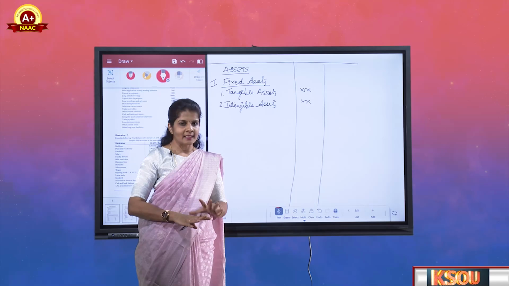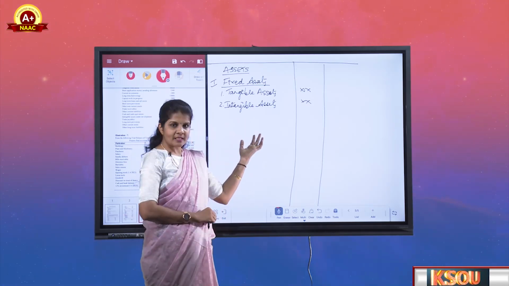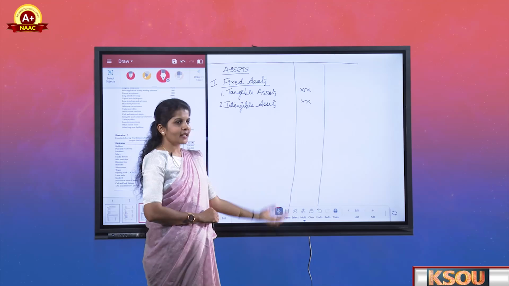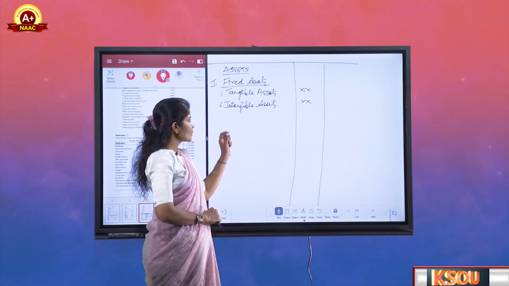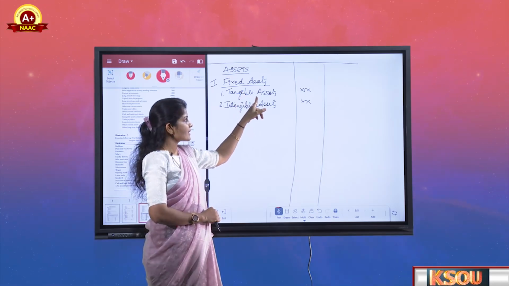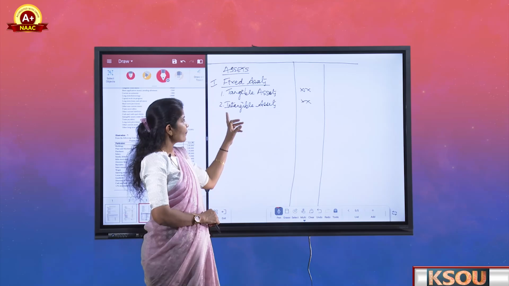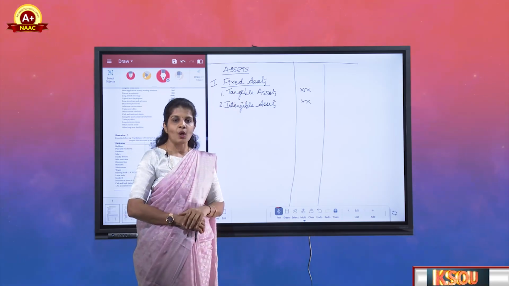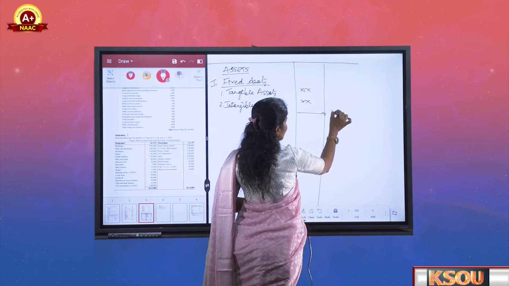But for income tax purposes both are the same; we calculate depreciation for both. For accounting purposes, as per the accounting standard, we have depreciation on fixed tangible assets and amortization on intangible assets, but both are fixed assets, long-term assets.